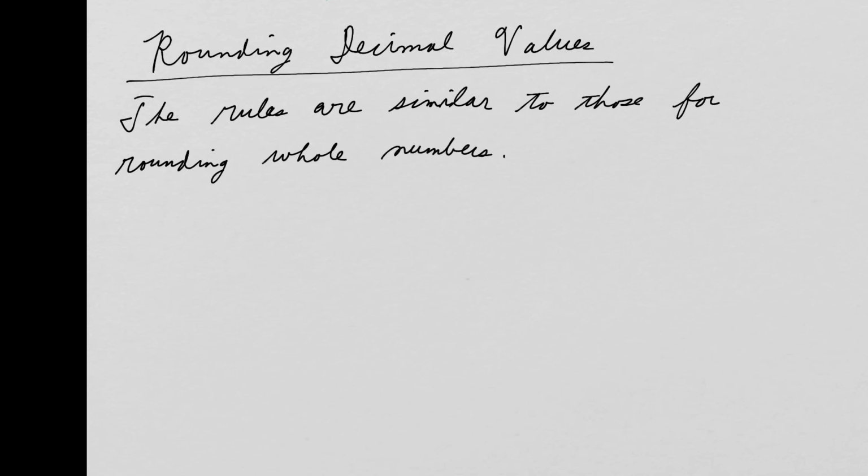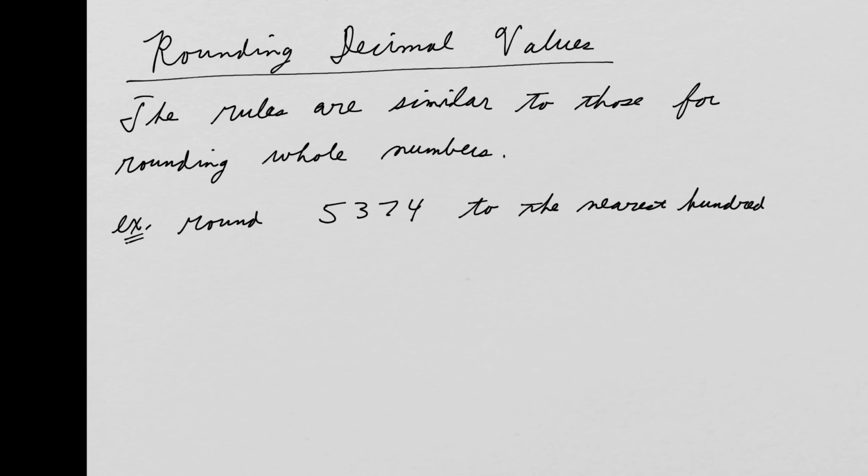Okay, so actually let's review that, right? Remember, if we want to round a whole number, let's say we want to round, I don't know, 5374 to the nearest 100. Remember I underlined the hundreds place, which is the 3 here.